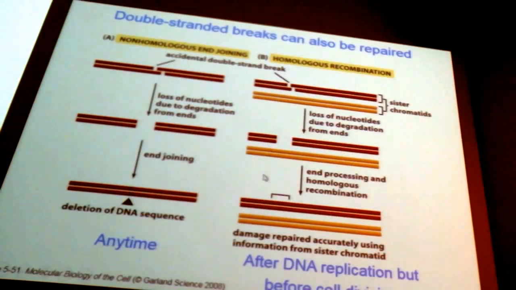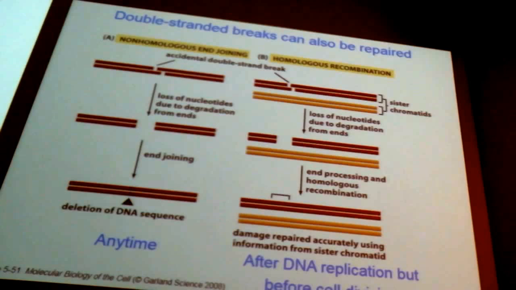The other option is to use homologous region to copy from that, and therefore fix the newly synthesized or the damaged DNA alone. And that can happen after replication, where you have two copies, but before cell division, where it's not partitioned off into two. Okay? We'll talk in greater detail about homologous recombination later.